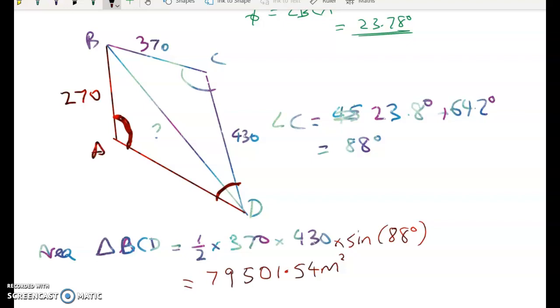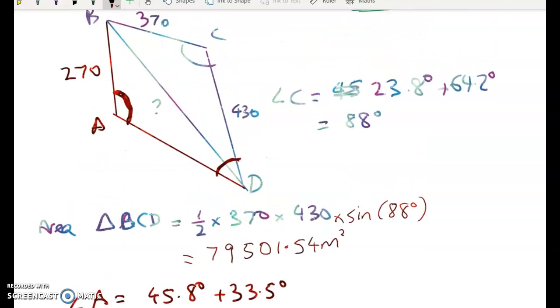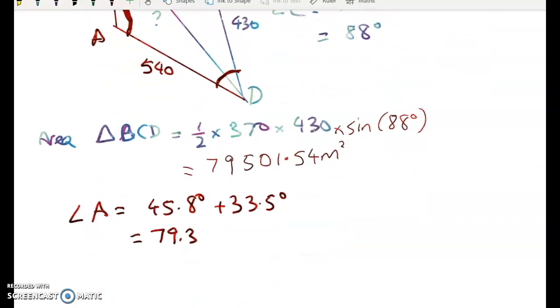Right, so this is angle BAD. So the angle at A is equal to 45.8 degrees plus 33.5 degrees. So that's equal to 79.3. And we know the length of both of those sides. So this one here is the 540. That means we can get the area of this triangle.